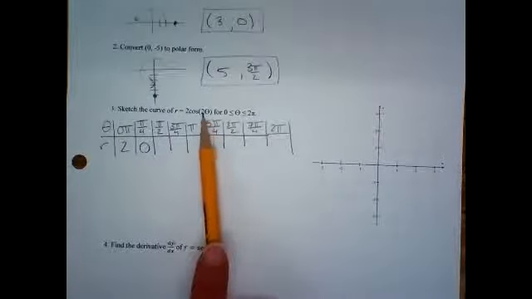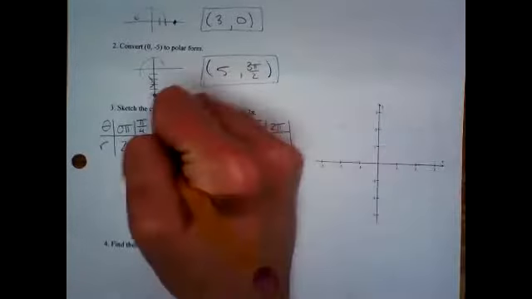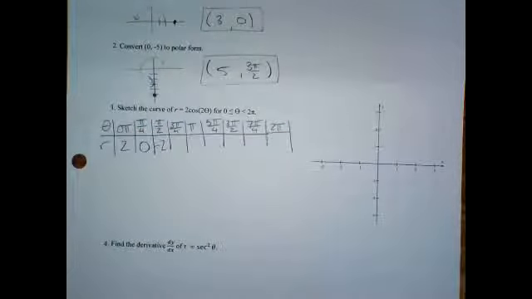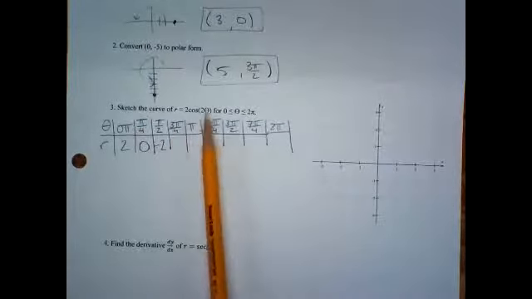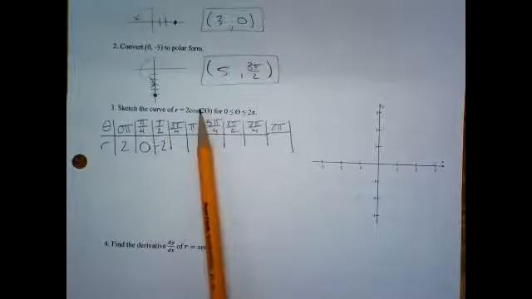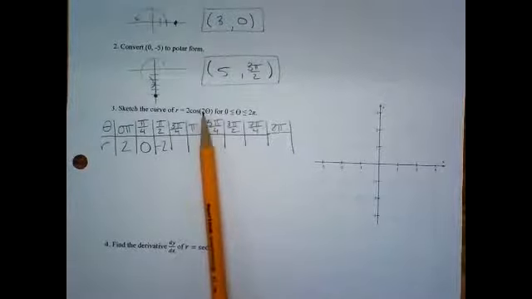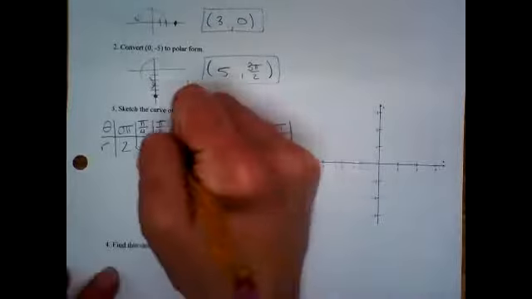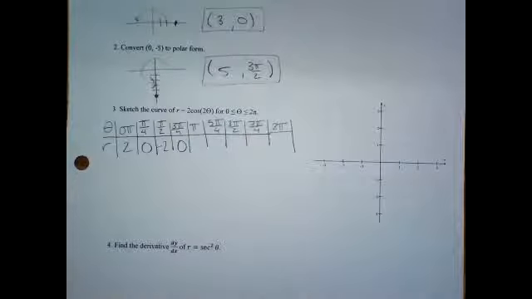Cosine of pi is -1 times 2 is -2. When you plug in 3 pi/4, multiplying that by 2 gives you 3 pi/2. Cosine of 3 pi/2 is 0. Every other one is going to be 0.